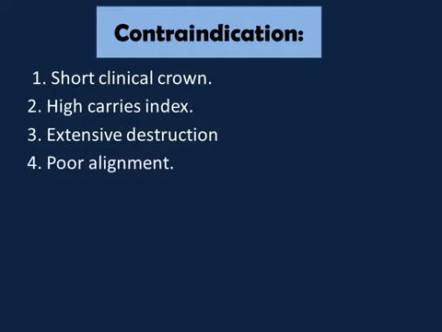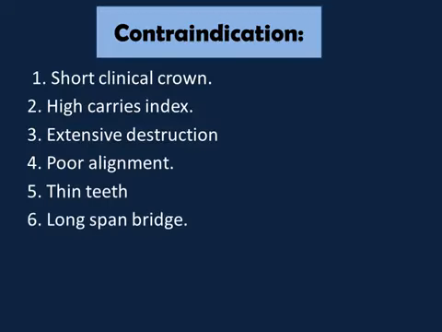Fourth, poor alignment. Fifth, thin teeth as in a short clinical crown. Sixth, the long span bridge, because it is less retentive than a full coverage crown, so I can't use it in a long span bridge. And finally, non-vital teeth, as you know that non-vital teeth will discolor by time, so the buccal surface should be covered.